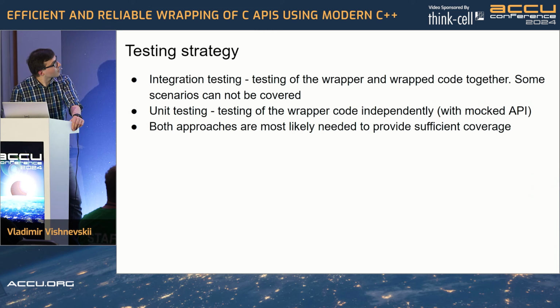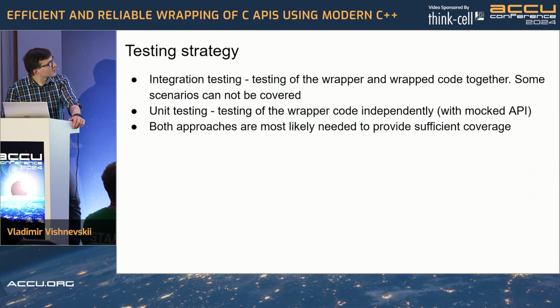Yeah, because we have various approaches. We can use integration testing, that's when we test our wrapper code together with the wrapped code, perform the same operations that the wrapped code is supposed to be able to perform, and verify that it works correctly. Also, we can use unit testing, where we test the wrapper code independently, so we are trying to mock the API here.